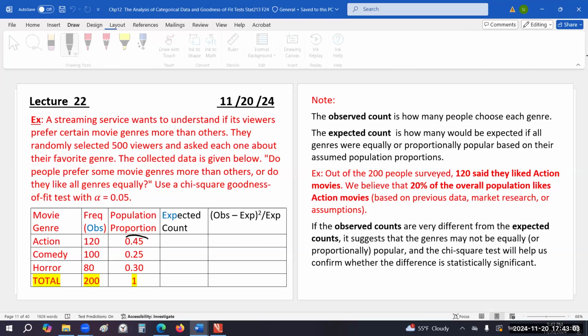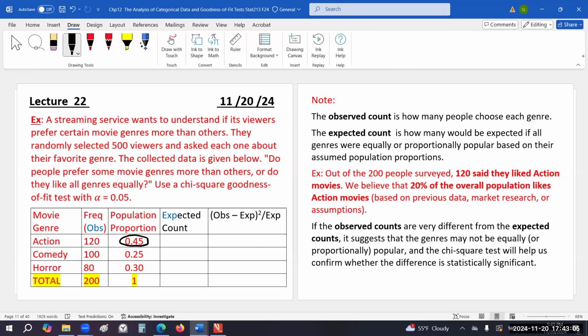So 45% of the population likes action movies. We want to see what would be 45% of our 200. So we do 200 times 0.45.